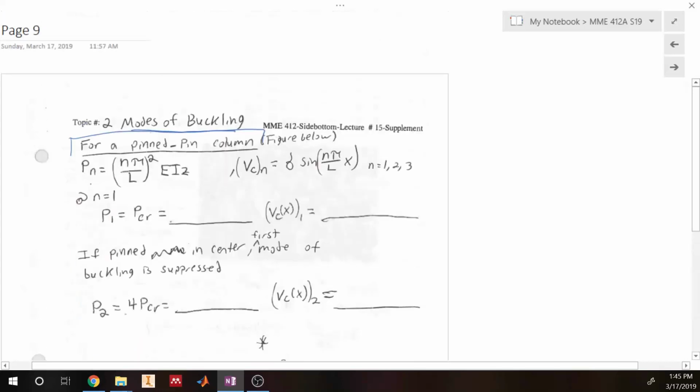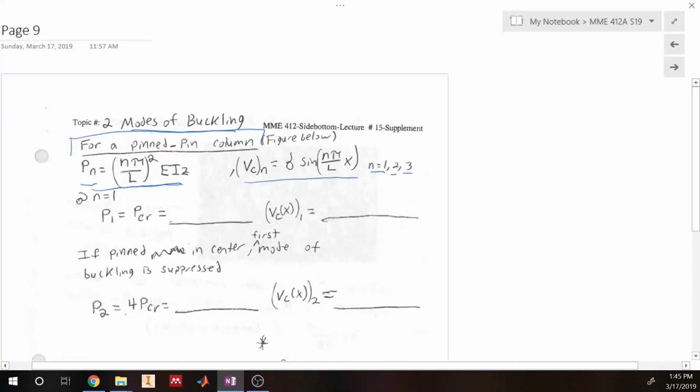So for that, the critical loads of buckling, we can describe them in terms of the modes. So there's mode 1, mode 2, and mode 3, with the letter n. The critical loads would be described with the equation on the left-hand side, and the shapes of the different columns, or for each mode, would be described with the equation on the right.